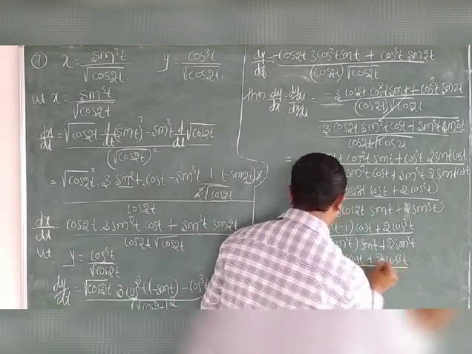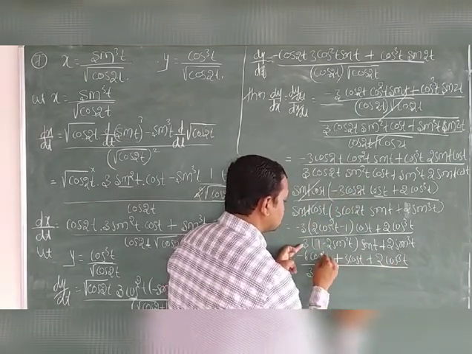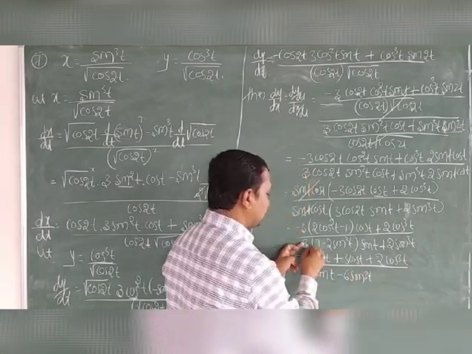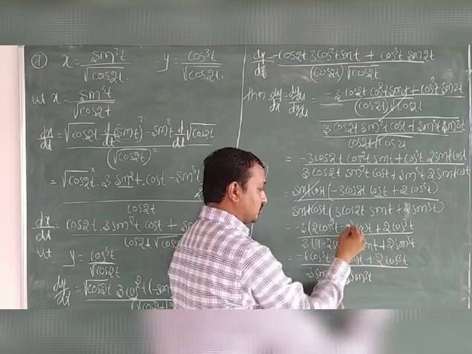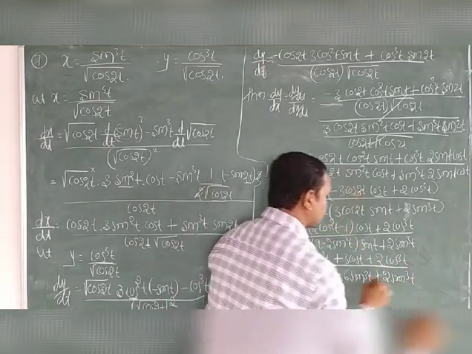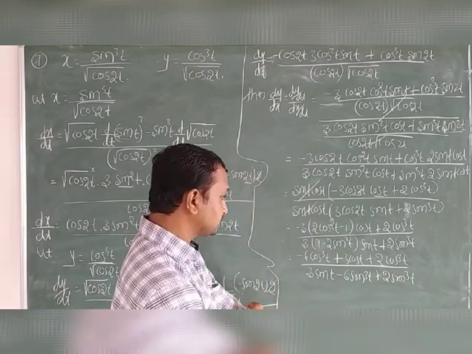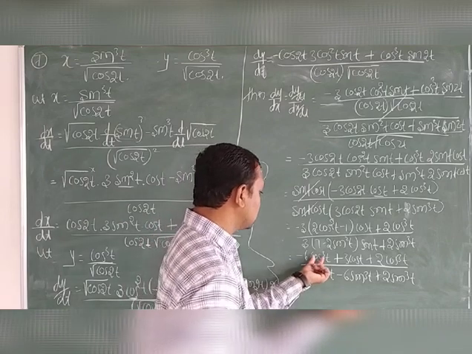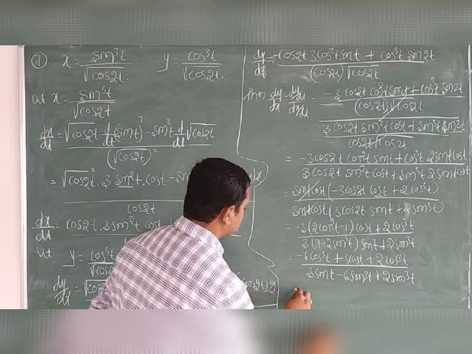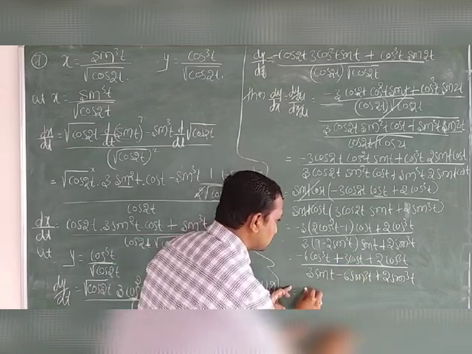whole divided by, here also multiplication, 3 sin t minus 6 sin square t. 3 into 2 is 6 and sin square. Okay, plus 2 sin cube t. So here this is a cube term, this is also a cube term, so I can take that is equal to 3 cos t as it is.